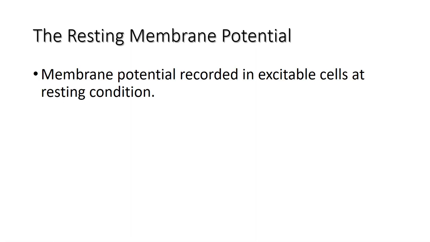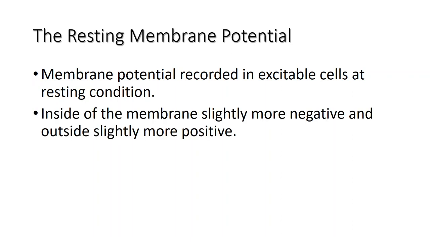In excitable cells, the membrane potential recorded at resting conditions is called the resting membrane potential. The resting membrane potential exists because of a small buildup of negative ions in the cytosol along the inside of the membrane and an equal buildup of positive ions in the extracellular fluid along the outside surface of the membrane.